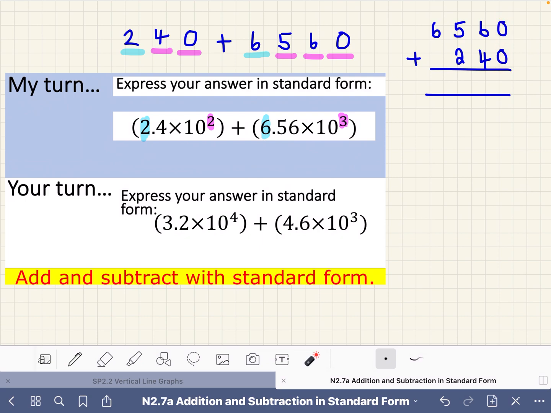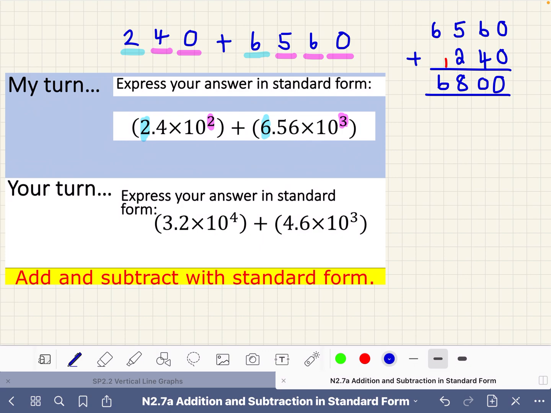So this gives us 0 add 0 is 0. The 6 add the 4 is 10, so 0 down, carry the 1. 5 add 2 add 1 gives us 8, and the 6 on its own gives us 6.